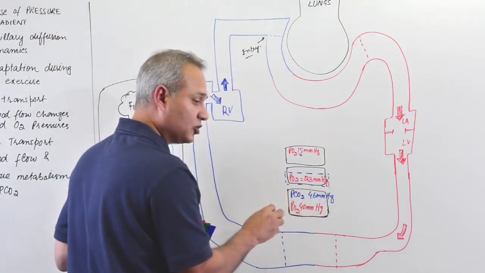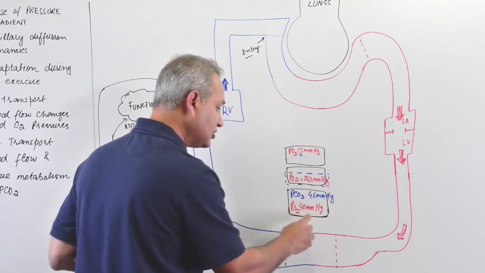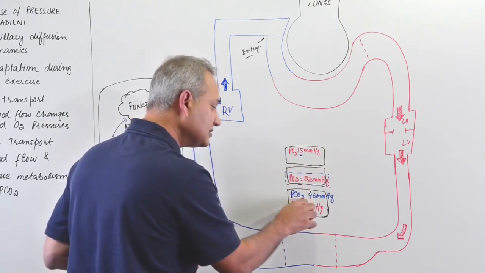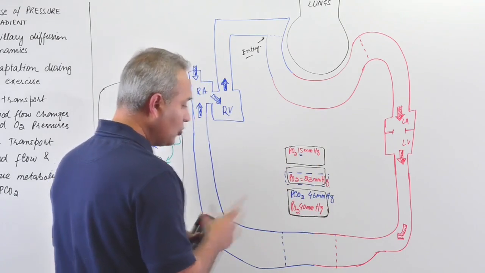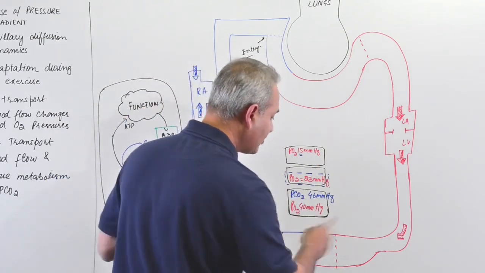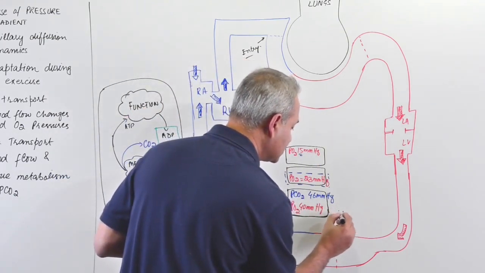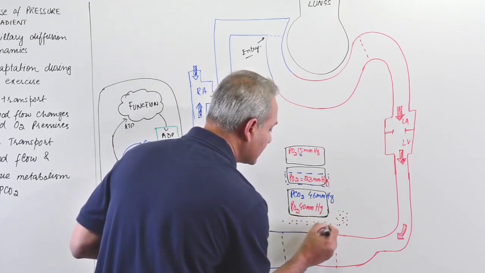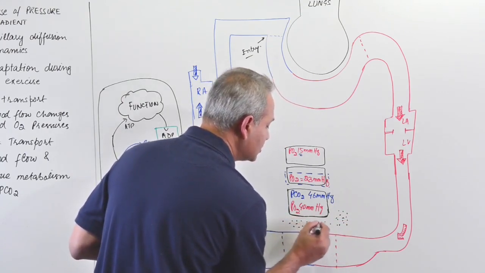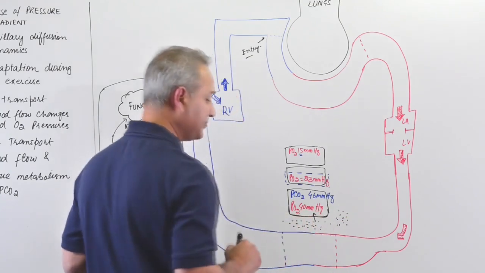For the oxygen transport, what we are doing is the cells are using oxygen, so inside the cell oxygen pressure is, let's say, 40 millimeter. When that happens, oxygen from the surrounding interstitial tissue, these black dots are oxygen, readily diffuses in.